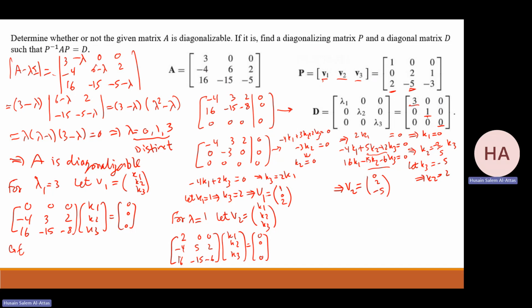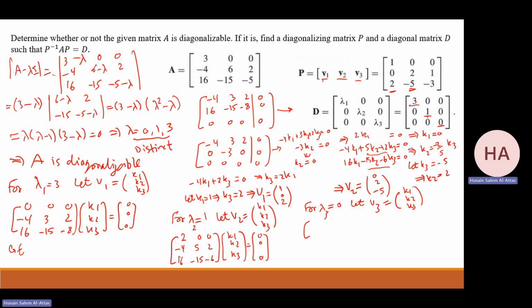Now the last one, lambda equals what? What was the last one? This is lambda 1, this is lambda 2. Well, lambda 3, which is 0. I let V3, so I have the system.